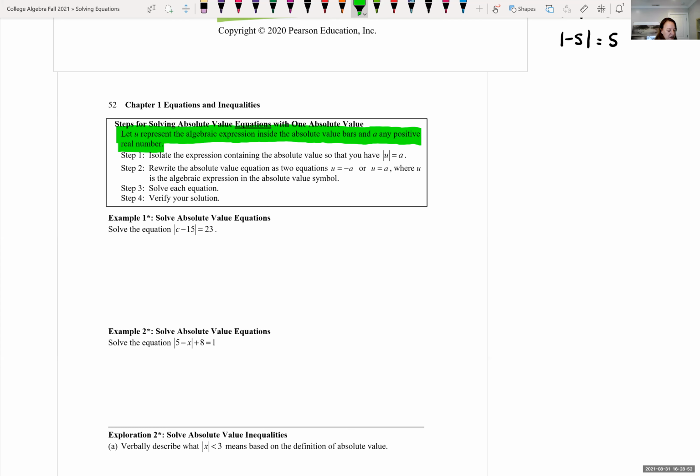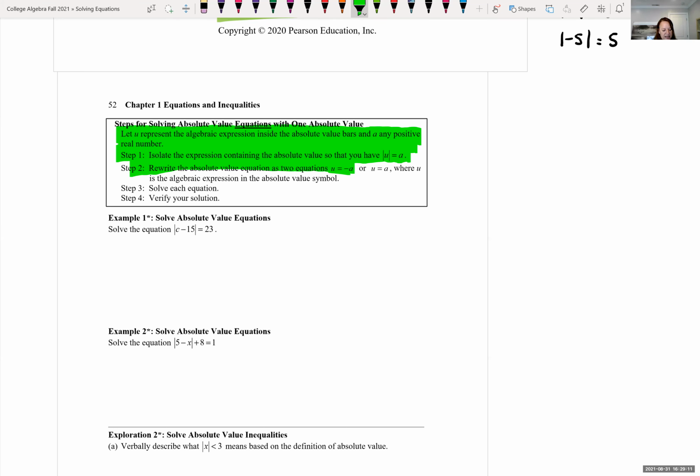Okay, so step one, you're going to isolate the expression containing the absolute value, so that the absolute value is isolated and equal to the other side, everything that isn't inside the absolute value. Once we've done that, we can rewrite the absolute value equation as two separate equations.